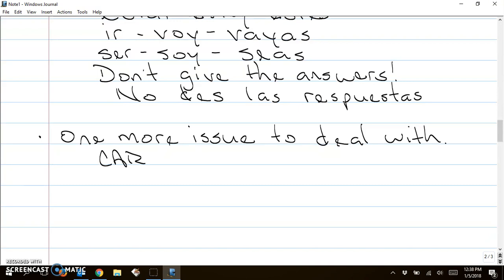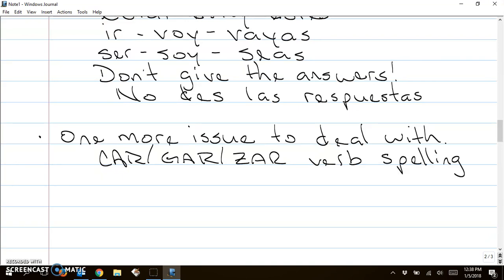The car, gar, zar verbs. Car, gar, zar verb spelling changes are in effect.